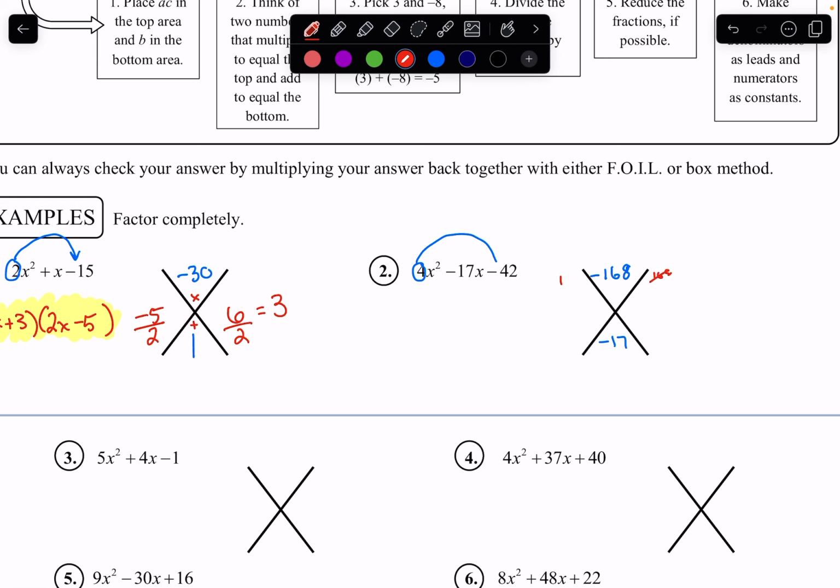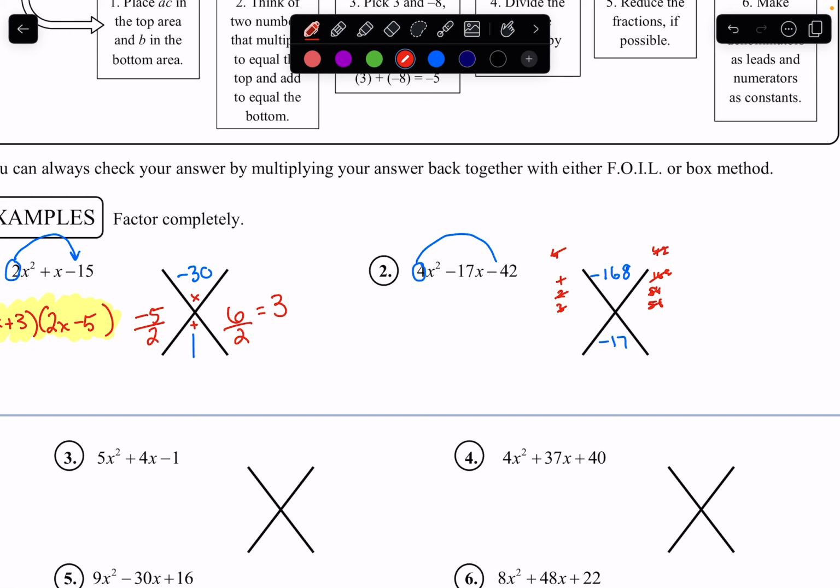Those aren't going to get me to 17. 2 and 84 aren't going to get me to 17. 168 divided by 3 is a big number. 3 and 56, those aren't going to get me to 17. I can divide it by 4. 4 and 42, I already tried those ones. Those don't get me to negative 17.